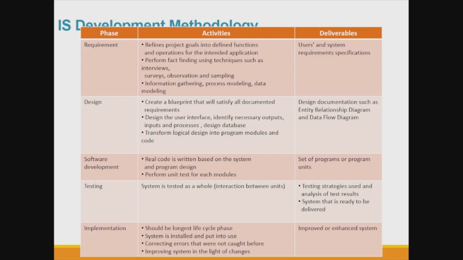Okay, under the testing phase, you can do a functionality test, you can do a user acceptance test. Okay, for the development, and then we continue with the implementation. After the test, if everything is okay, then you can implement. So it should be the longest life cycle piece, and the system is installed and put into use.